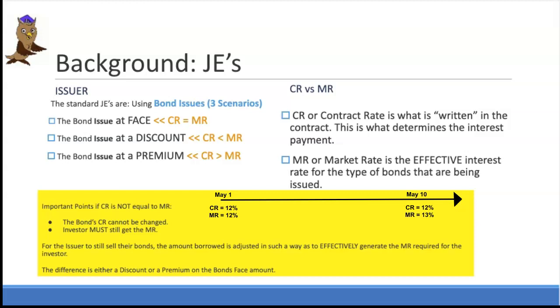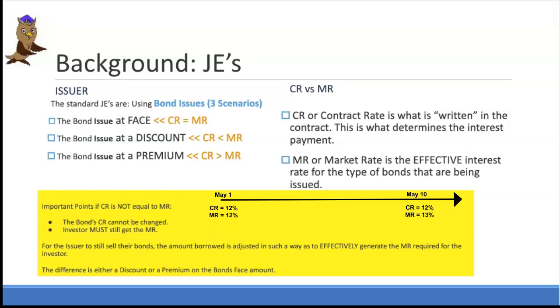Now, potential investors require the current 13% regardless of what the bond contract says. Can these bonds still be issued with a 12% contract rate when the MR is at 13%? The answer is yes. To effectively match the MR that the investor requires, the amount borrowed is adjusted.